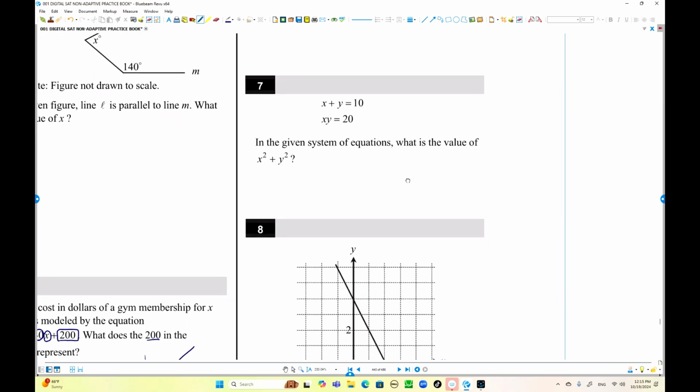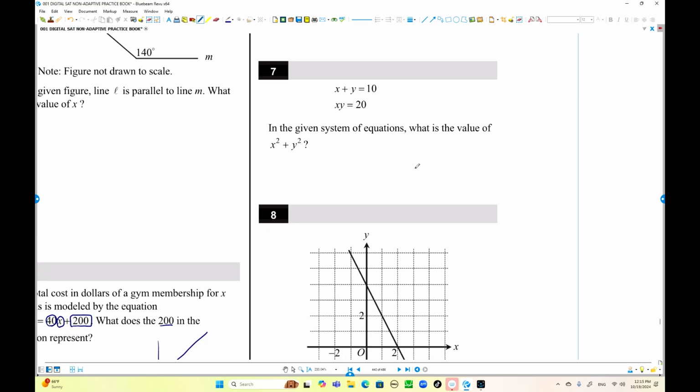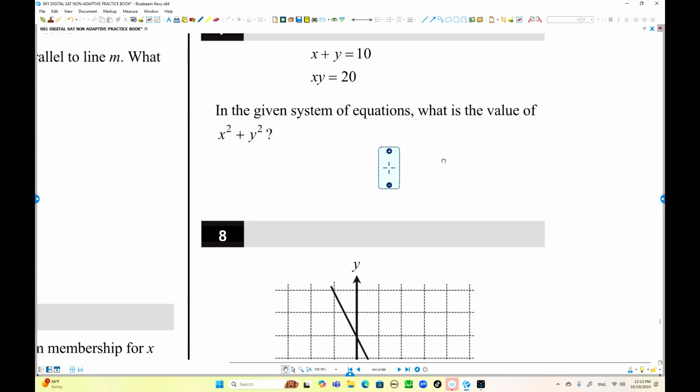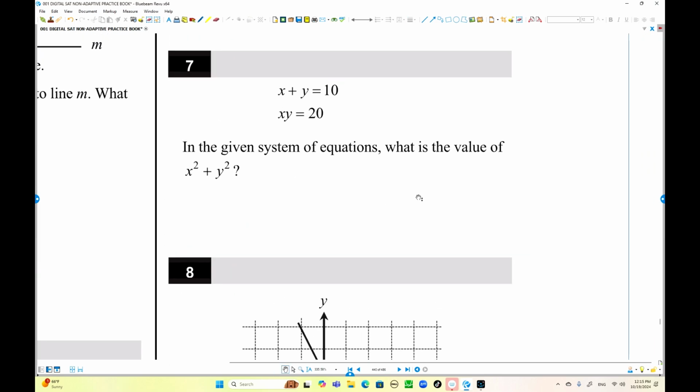Here is number 7. x plus y equals 10 and xy equals 20. So what is the value of x squared plus y squared? Maybe you can use decimals to find the values of x and y. After that, square them and add them up, okay? But in this case, I'm going to do it this way.